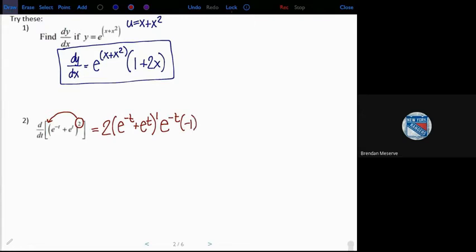You could always just sneak it in front as a negative sign. I'm just trying to be as clear as I can in notes, especially that we have people at home. Plus, now since I have to put a plus sign, I need to make sure I group this together with parentheses because this is this plus, and then the derivative of e to the t would be itself, e to the t.